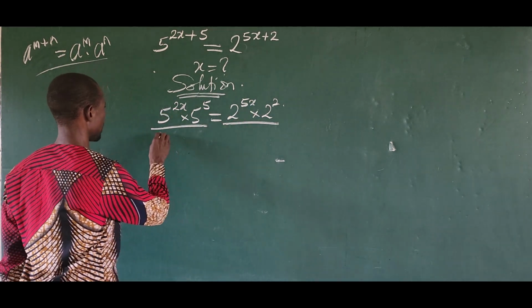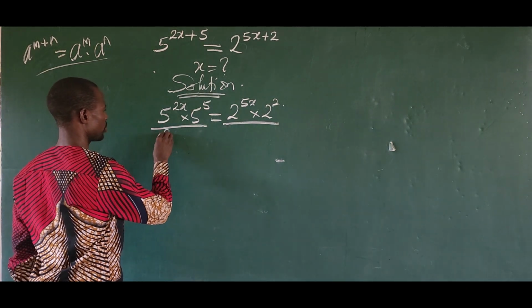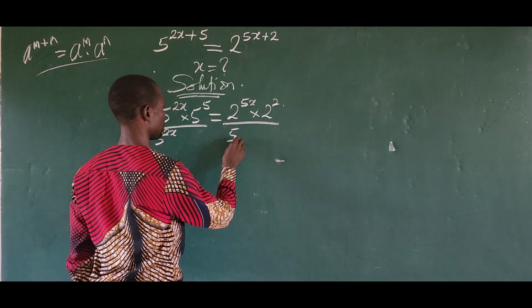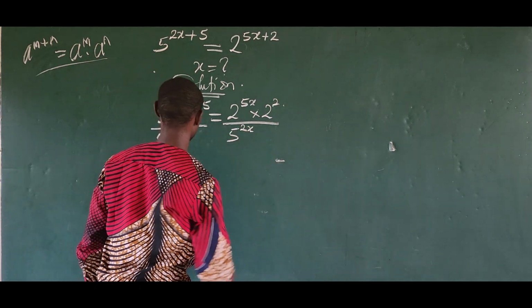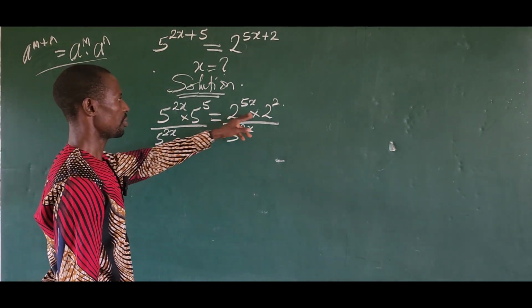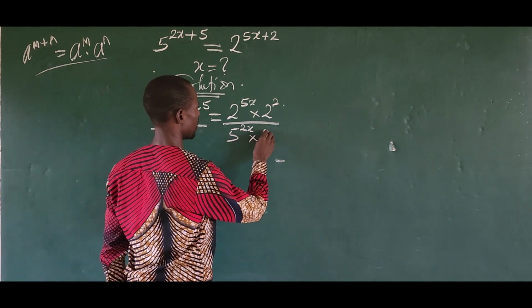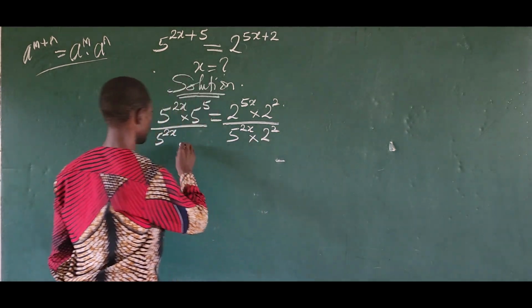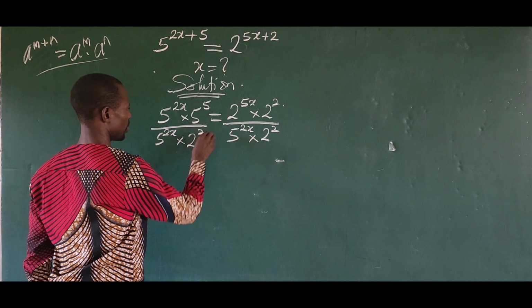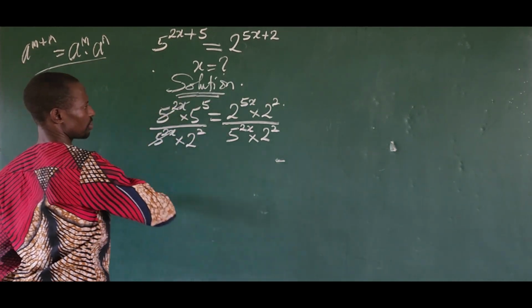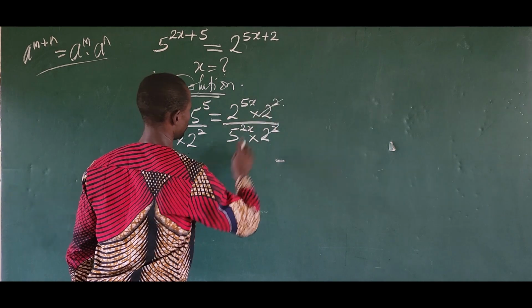And so we're going to divide through by 5 to the power of 2x, and we divide the other side by 2 to the power of 2 too. All right, so we discover this and this will leave, then this and this will leave.